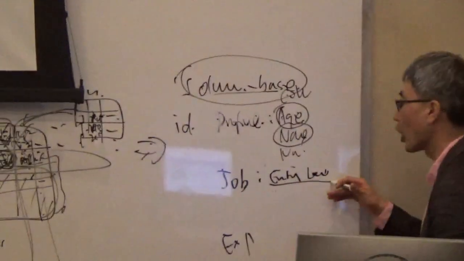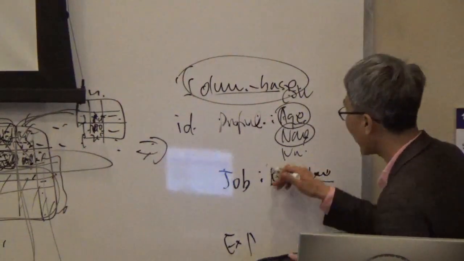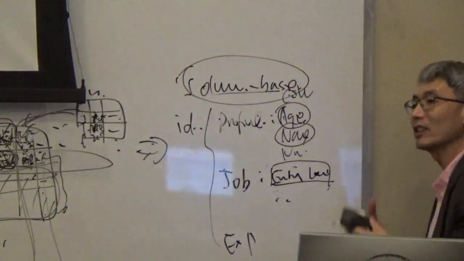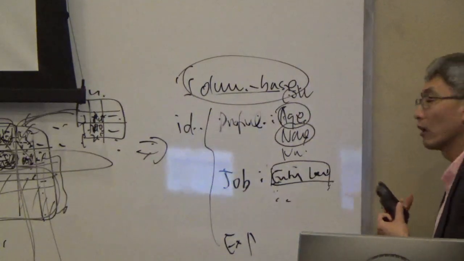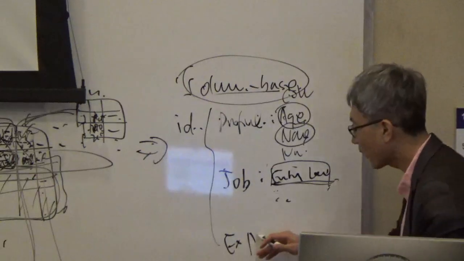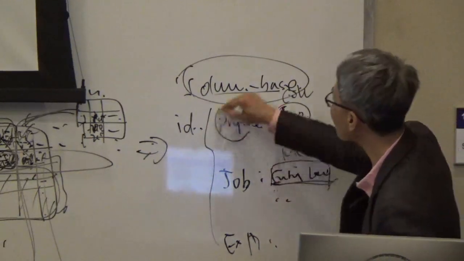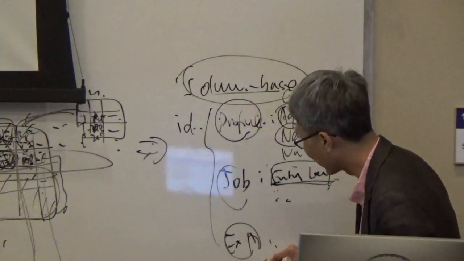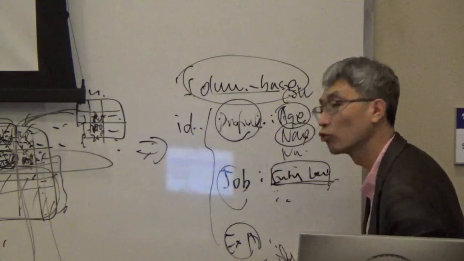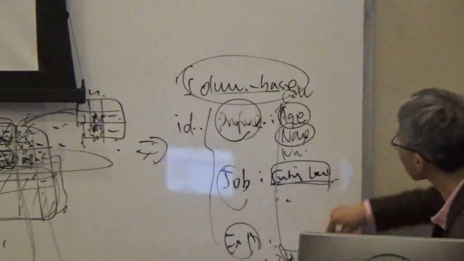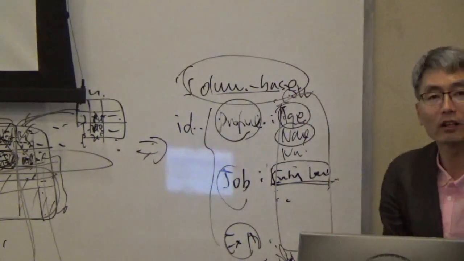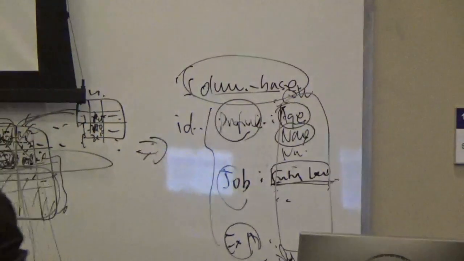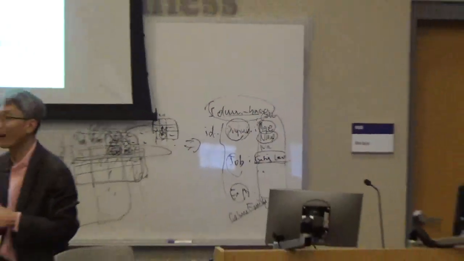Same thing for the job title. Depending on the ID, depending on the data, it can be added, it can be removed. Same thing for the experience. So these are called column families. It's a kind of group of columns. The columns will not be specified; you can dynamically add such columns.